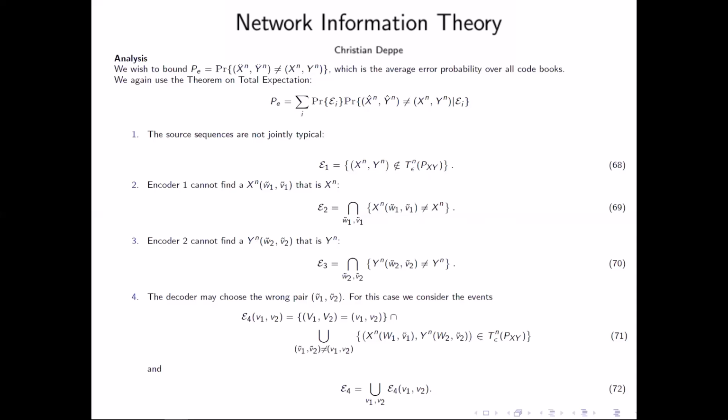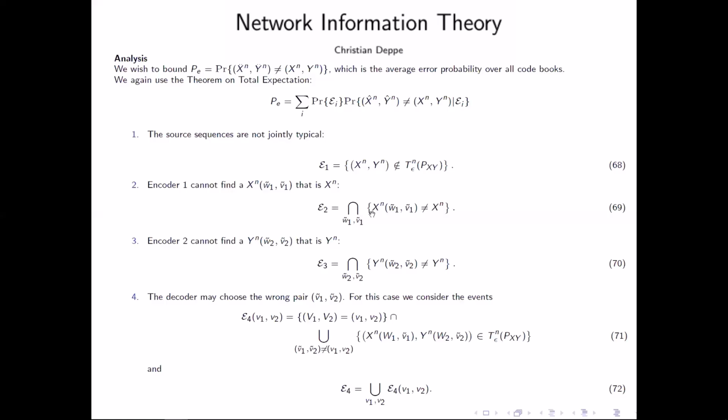What kind of error events do we choose? The first error event is very simple. We assume there is no x^n and y^n such that they are jointly typical. That means the source sequence is not jointly typical. Then we can do nothing. The second error is that encoder 1 cannot find an estimate x^n(w1, v1) that is equal to x^n.